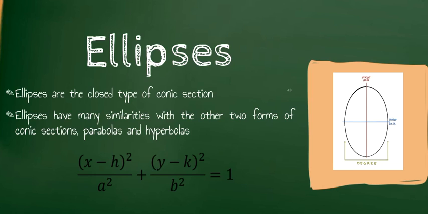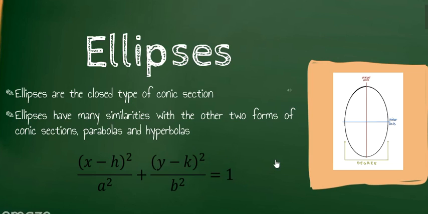However, an ellipse has two focal points in which the sum of the lengths from both focal points to any given point on the ellipse is always the same. The standard equation of an ellipse is given as follows: (x - h)^2 / r^2 + (y - k)^2 / r^2 = 1.